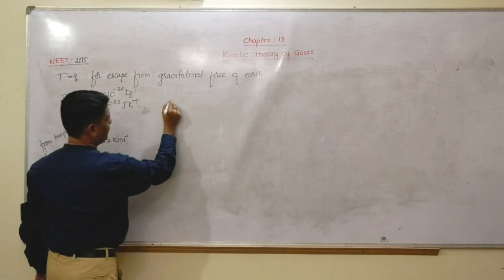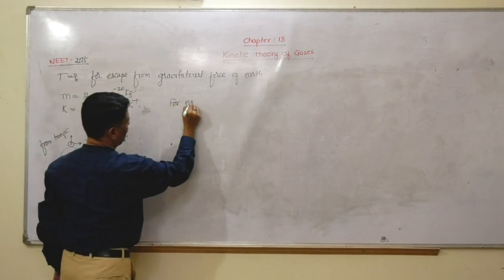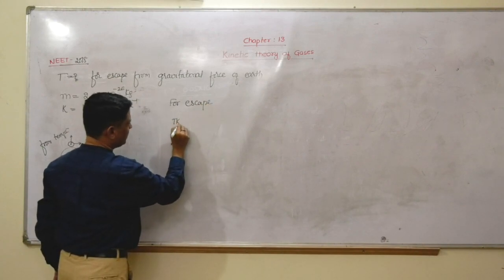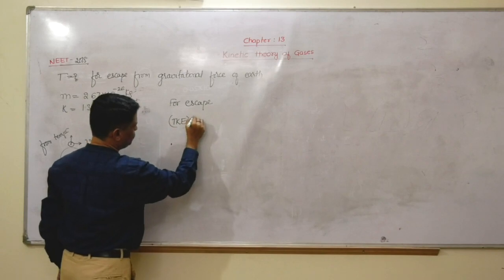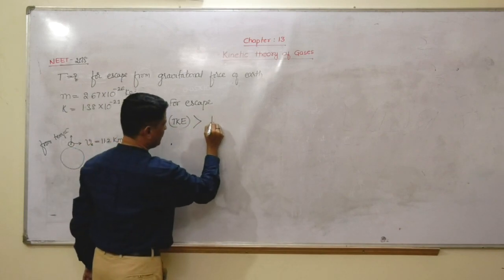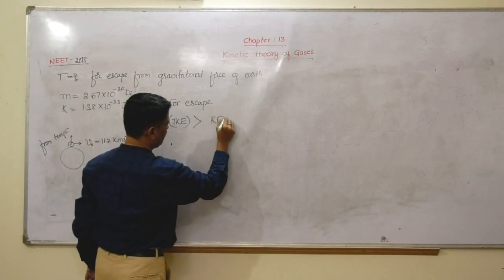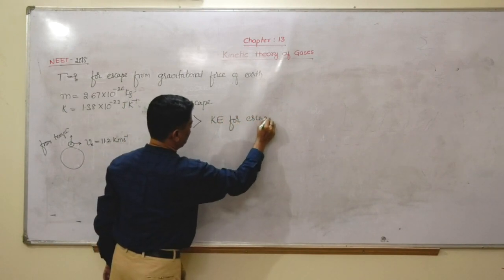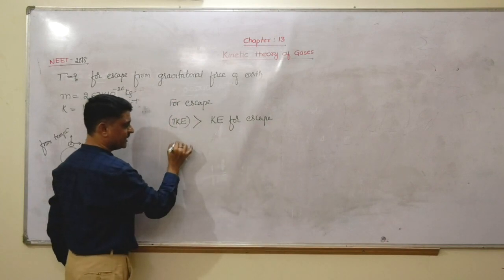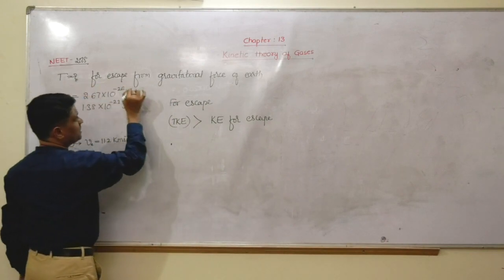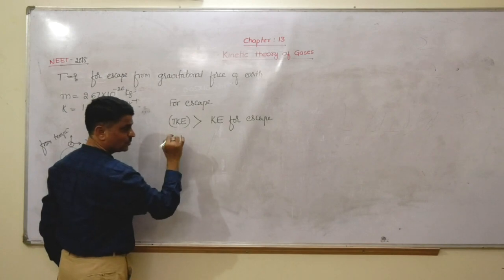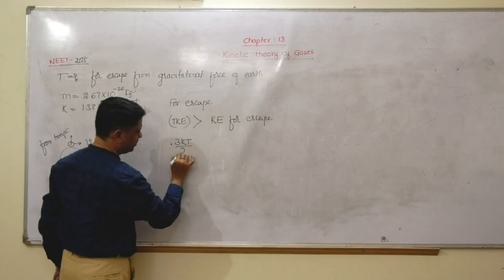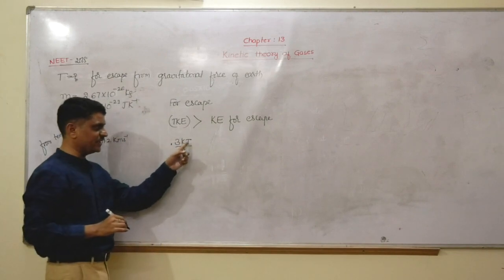Hence for escape, thermal kinetic energy should be greater than kinetic energy for escape. Thermal kinetic energy, I am talking oxygen atom. Atom means it is monoatomic. Therefore 3kT by 2, actually it is f kT by 2.